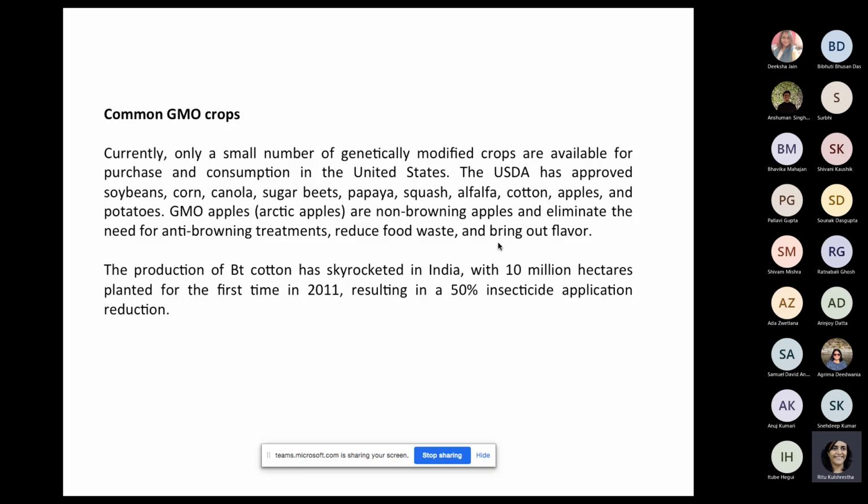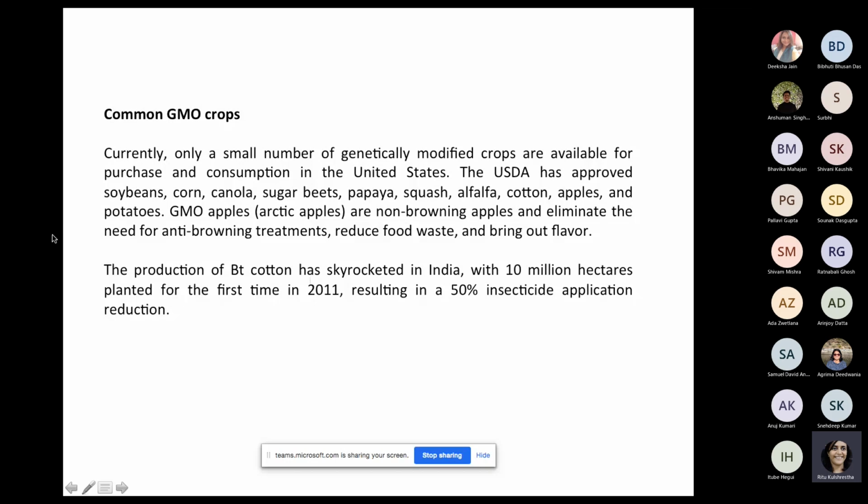So obviously it means that there is a safety concern with respect to the transgenic plants. Before coming to that, I just tell you that in India, it's only BT cotton that has been allowed to grow in the fields, and no other transgenic crop has yet been approved for growing in the fields in India.